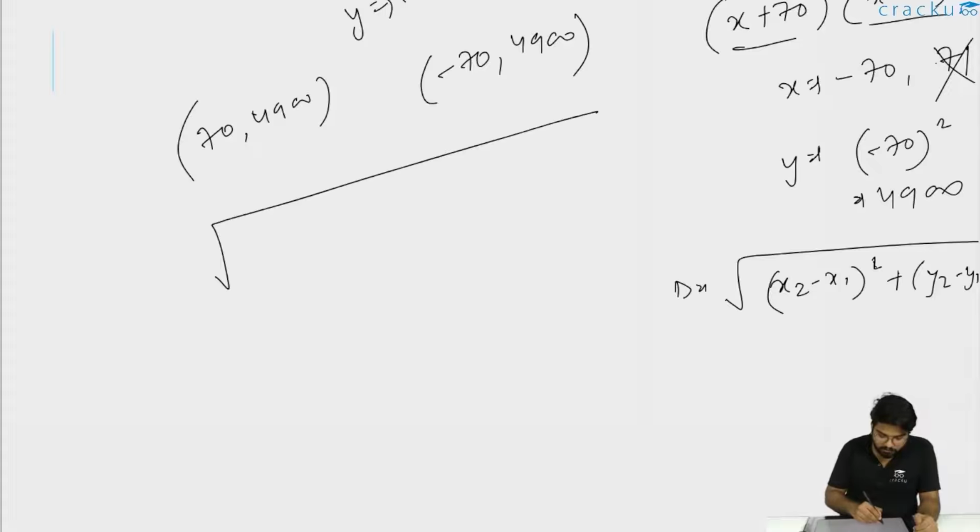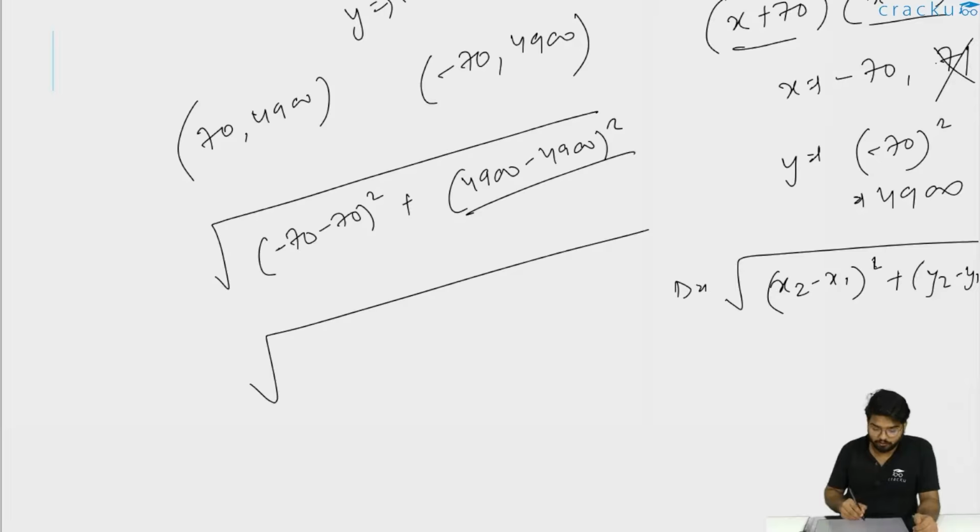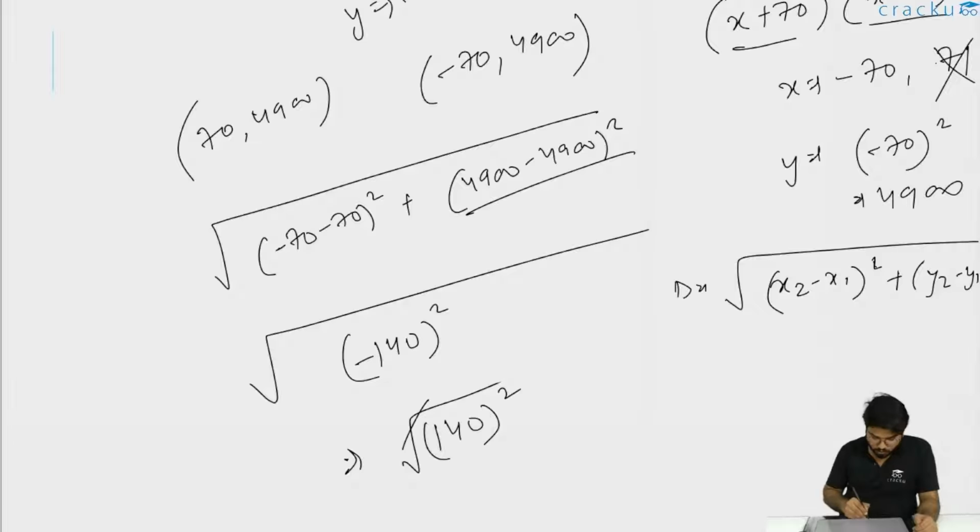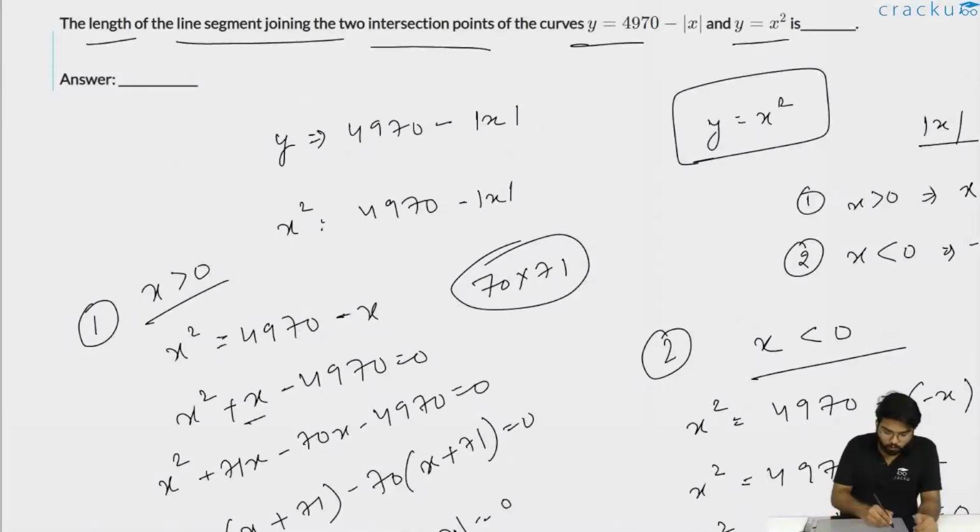Putting this into the formula, we will have minus 70 minus 70 whole square plus 4900 minus 4900 whole square. This value will be equal to 0 only. This value will be minus 140 whole square. Whenever we have an even power for a negative value, the negative sign cancels out. So this will be nothing but 140 whole square only, and square and under root can be cancelled out. So the distance will be 140. So the answer has to be 140 units.